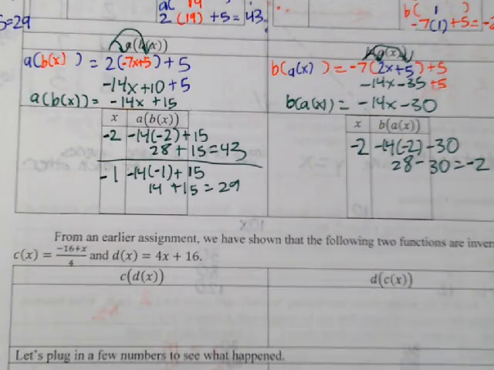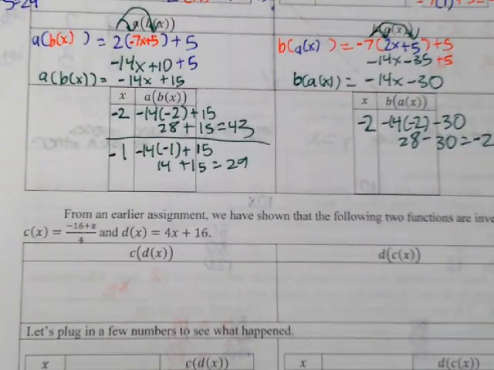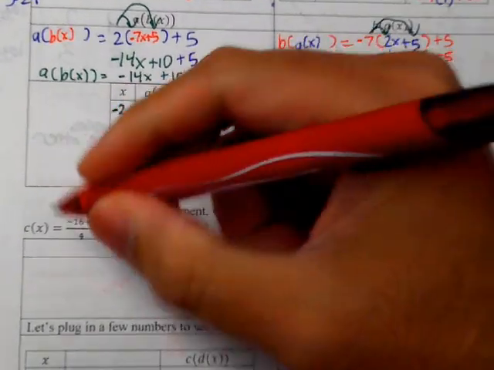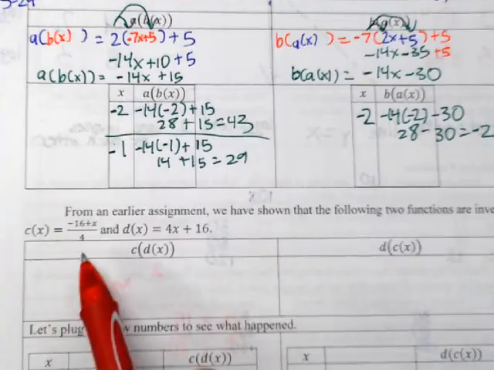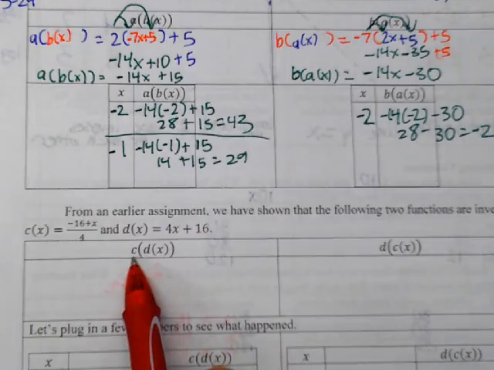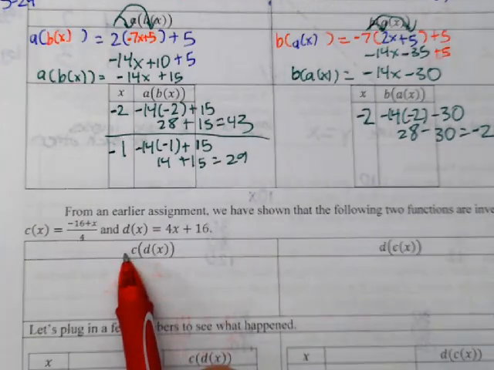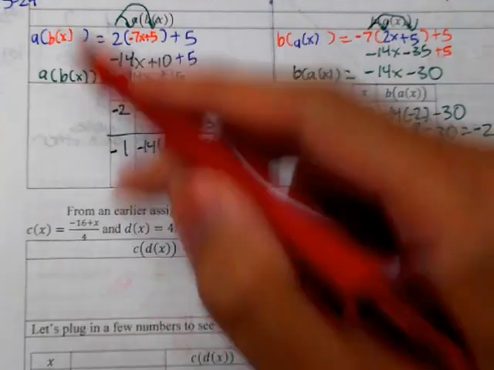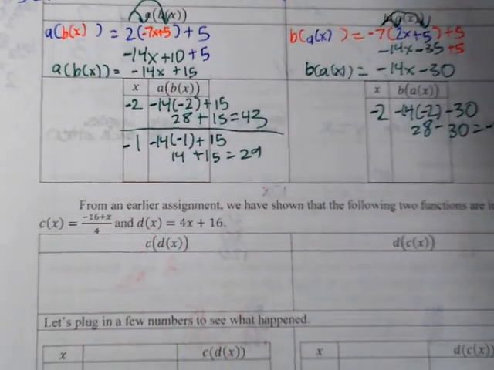All right, let me go ahead and go through this. Okay. So for c of d of x, the outer function is c. So I'm going to copy c of x down, but I'll replace the x with big parentheses, because again, we need to input the other function in for x.